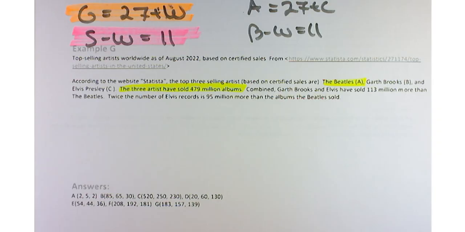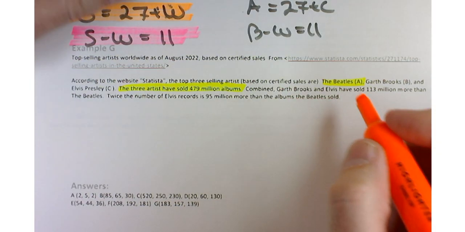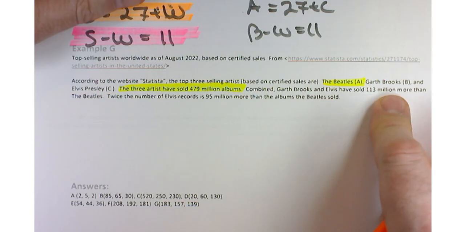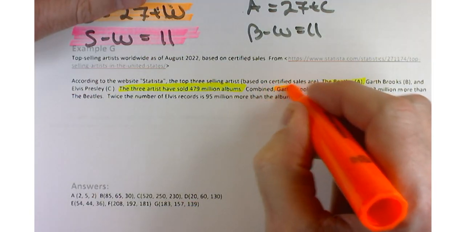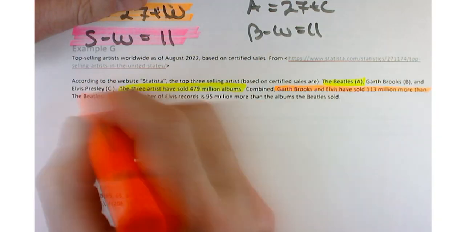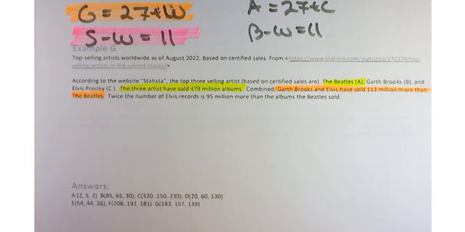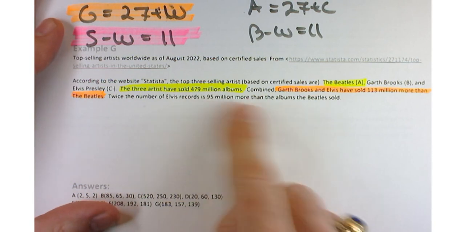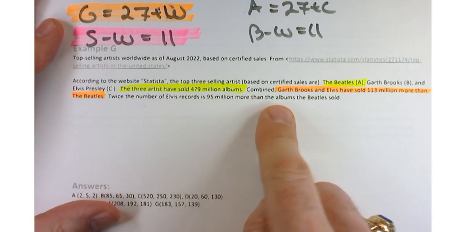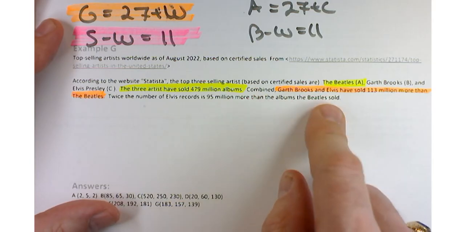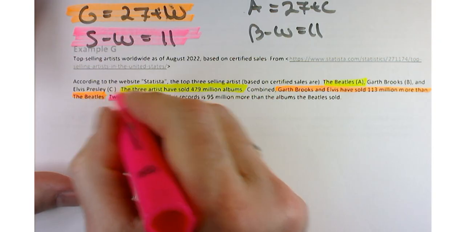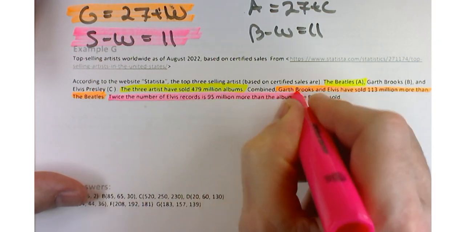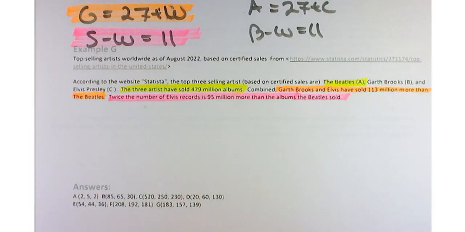Combined, Garth Brooks and Elvis have 113 million more than the Beatles. Twice the number of Elvis records is 95 million more than the albums the Beatles sold. All right, so 3 different things there.